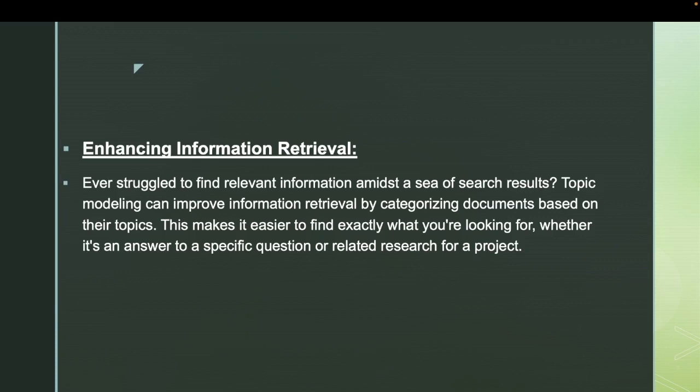Here's where topic modeling can help. Instead of sifting through all these search results manually, a topic modeling algorithm could categorize the information into topics like fine dining, casual eateries, local favorites, vegetarian options, and so on.